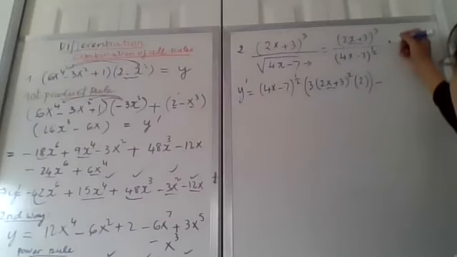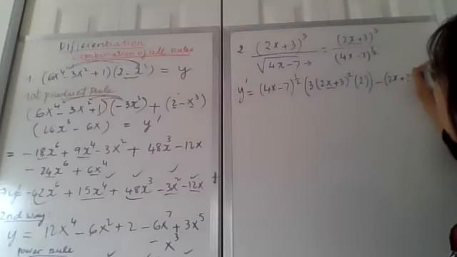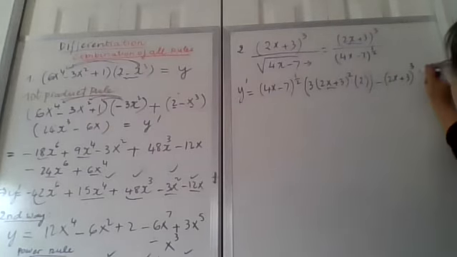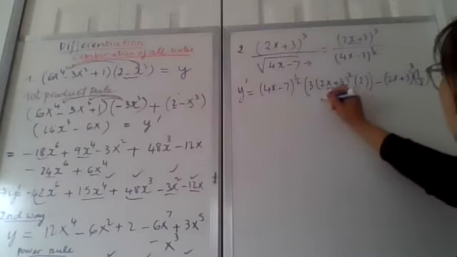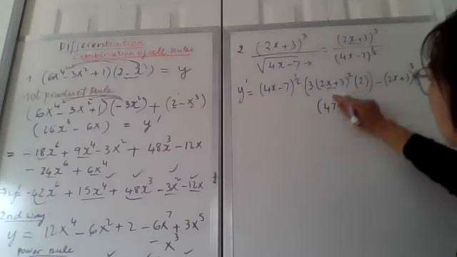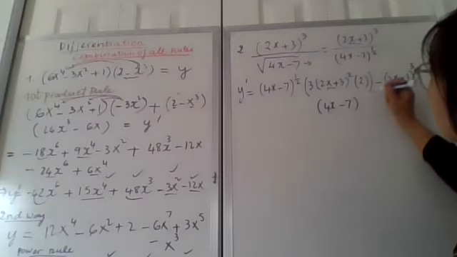Now we subtract. Now we keep this the same, 2x plus 3 is the same, power 3. Now we take the derivative of this one. The derivative of this one is 1/2. We bring it down, times everything here the same, 4x minus 7.